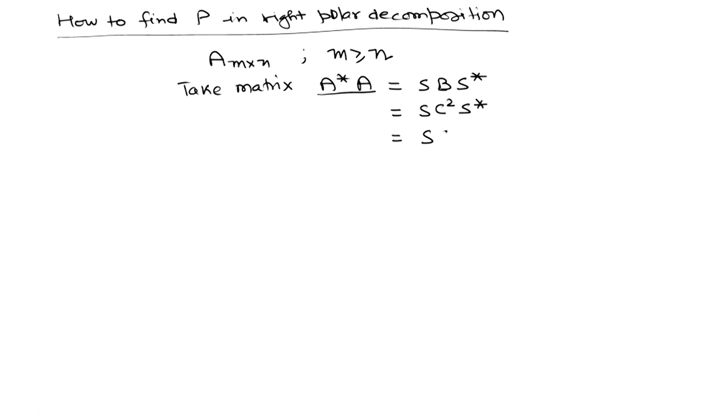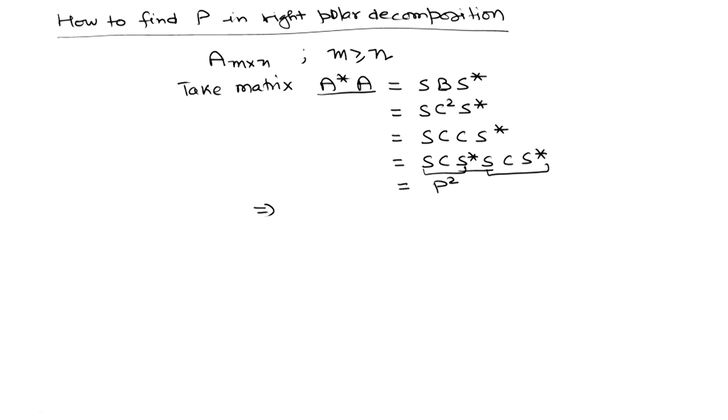This can be written as S C C S star, which becomes S C S star into S C S star, because S star into S is an identity matrix. In this case S is a unitary matrix. So, take this as P, and this will again be P. So, A star A will become P square.